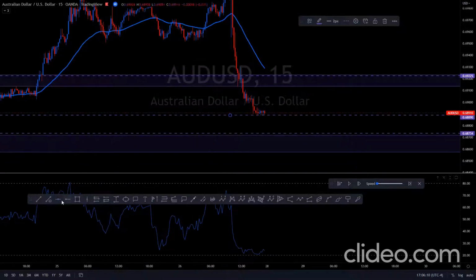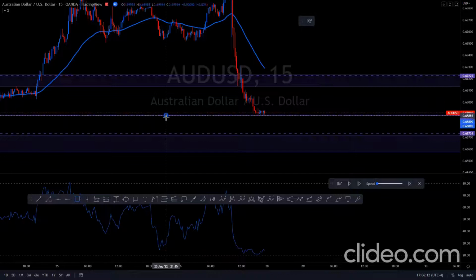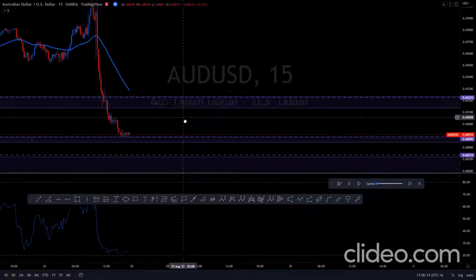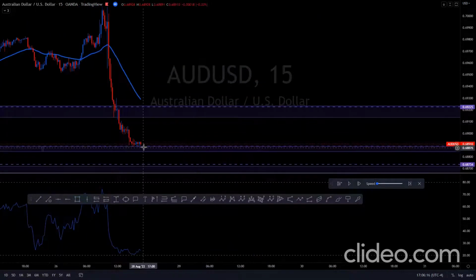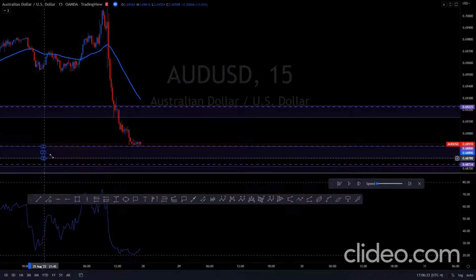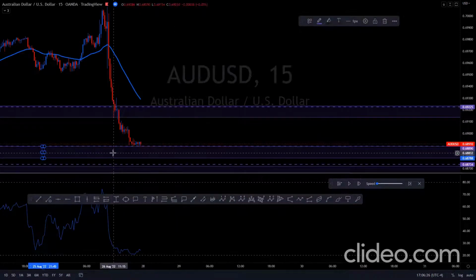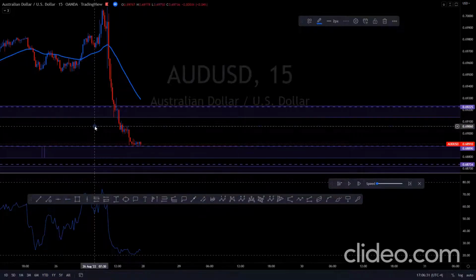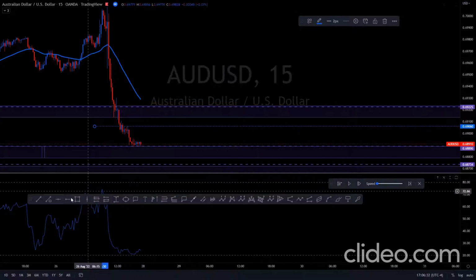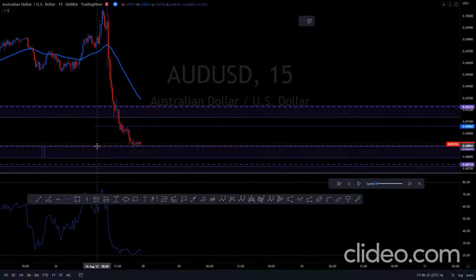So I'm just going to put that here. And then I'm looking for price to shoot on up. So it looks like it's going to create a swing high and maybe second swing low down here and then go up. So this is the last structure for bullish.